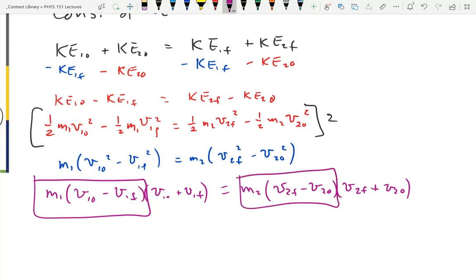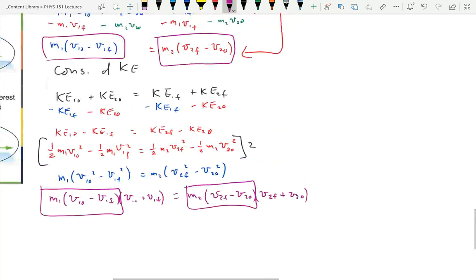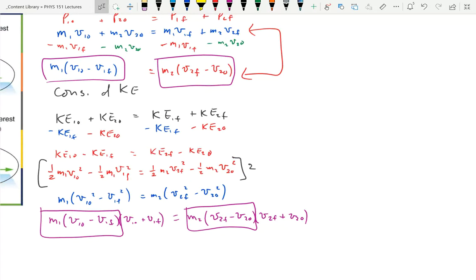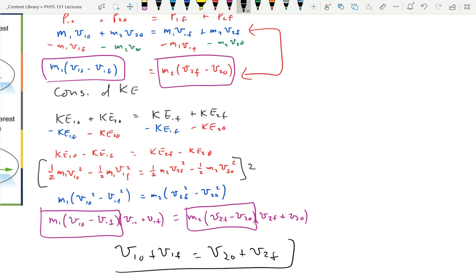So those two things in the boxes from our conservation of momentum equation are equal. So I can cancel those with each other. Great. And so suddenly this becomes a very simple equation, not as simple as for the inelastic case. V1 initial plus V1 final equals V2 initial plus V2 final. So that's the second equation to go along with conservation of momentum when you're doing an elastic collision problem.